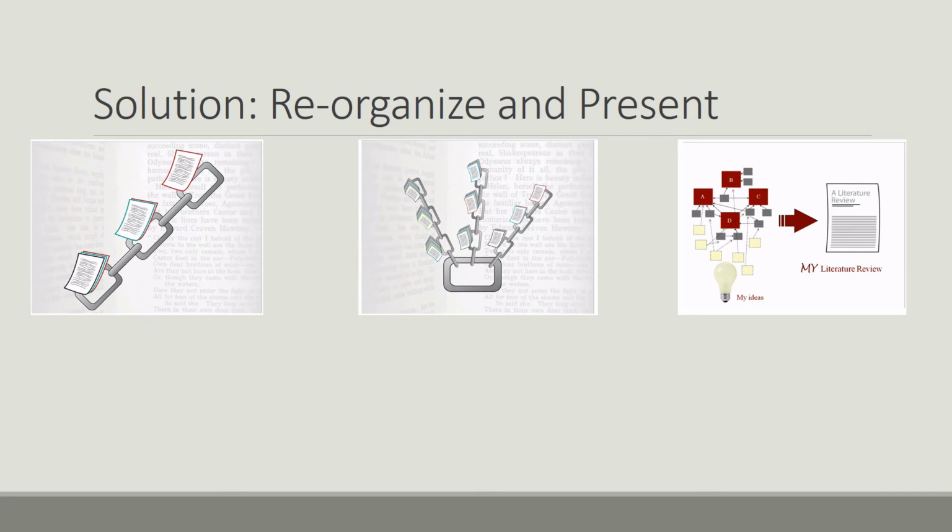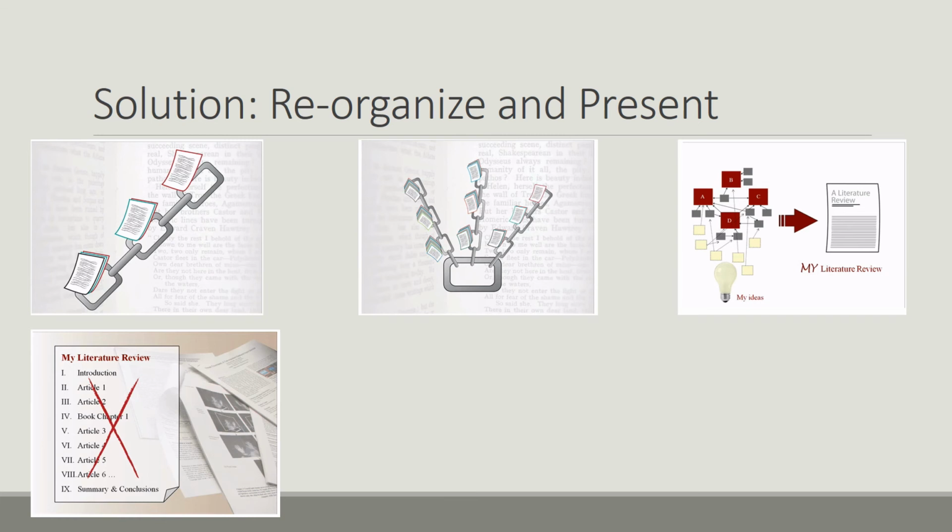If you look at the red and gray blocks here, they are the research, and you see the connections between the topics, the concepts, the major themes that you are addressing. But really, without your ideas and how your study connects to those ideas, you really don't have a literature review.